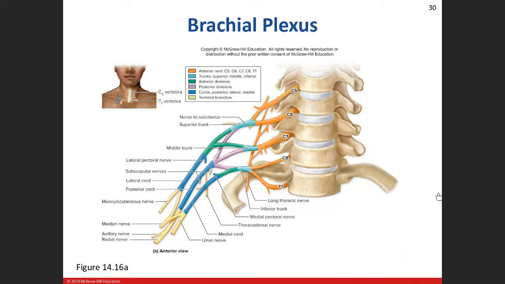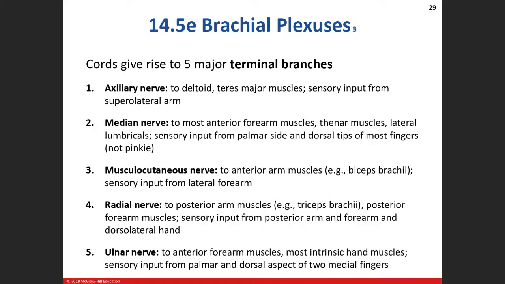So the brachial plexus terminal branches, these 5 nerves, are the axillary, median, musculocutaneous, radial, and ulnar nerves. The axillary nerve is going to innervate the deltoid and teres major muscles.